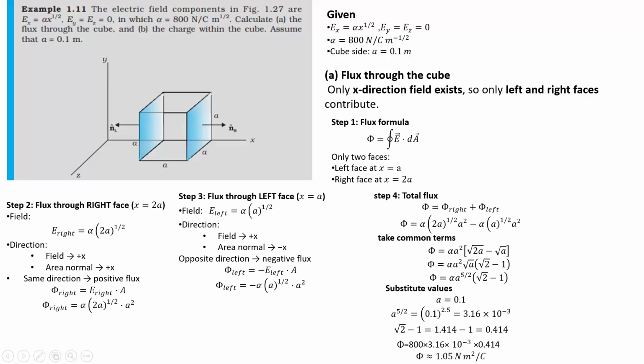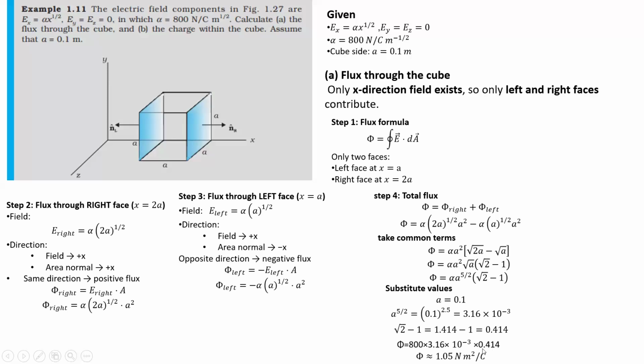Now flux equals 800, that is the alpha value, into a to the power 5 by 2, which we simplified as 3.16 into 10 to the power minus 3, into root 2 minus 1, which is 0.414. So the answer is nearly 1.05 Newton meter square per coulomb.